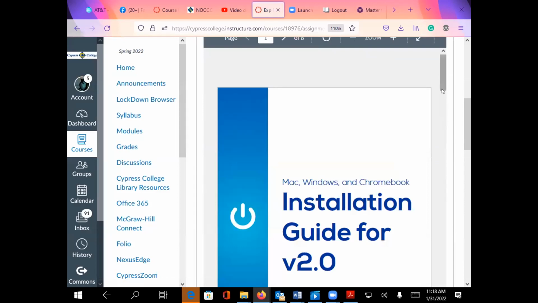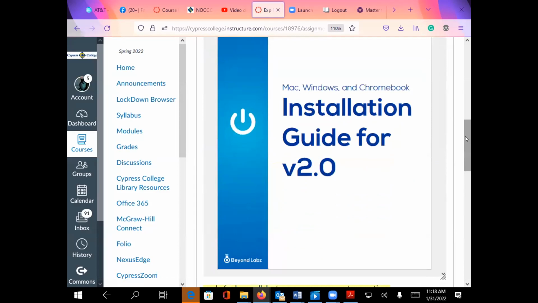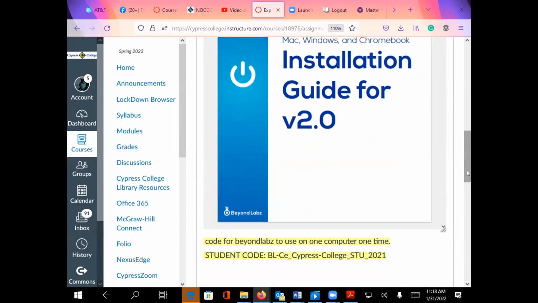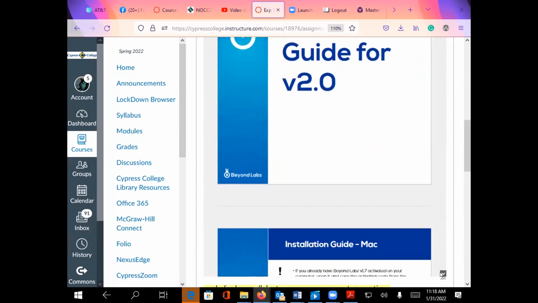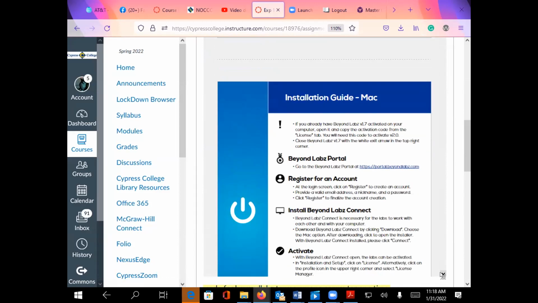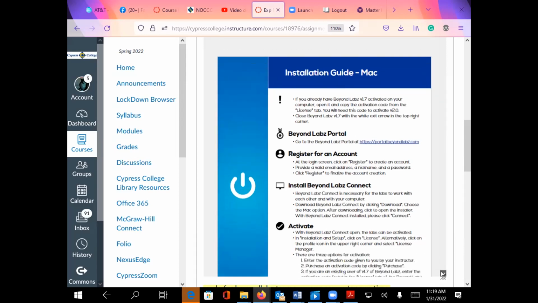Okay, so when you go to this installation guide, that shows everything. There's the portal, it gives you the instructions. So everything is here as far as where to go, what to do.